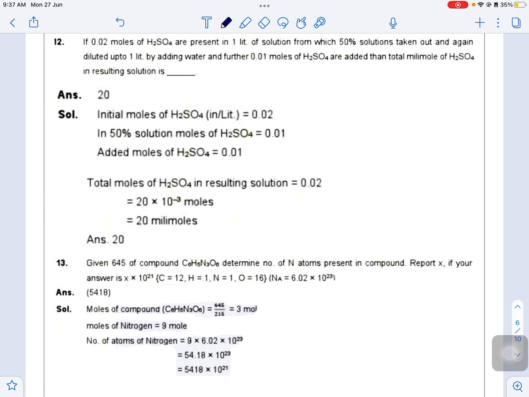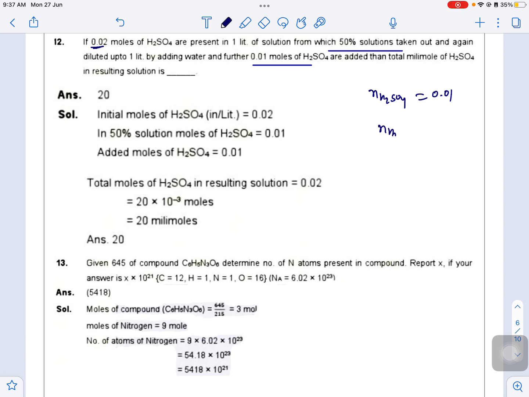Next, 0.02 moles of H2SO4 is present in 1 liter solution, from which 50% of the solution is taken out. If you take out 50% of the solution, how many moles of H2SO4 are taken out? 0.01 moles, because initially it is 0.02 moles. To that, again 0.01 mole of H2SO4 is added.